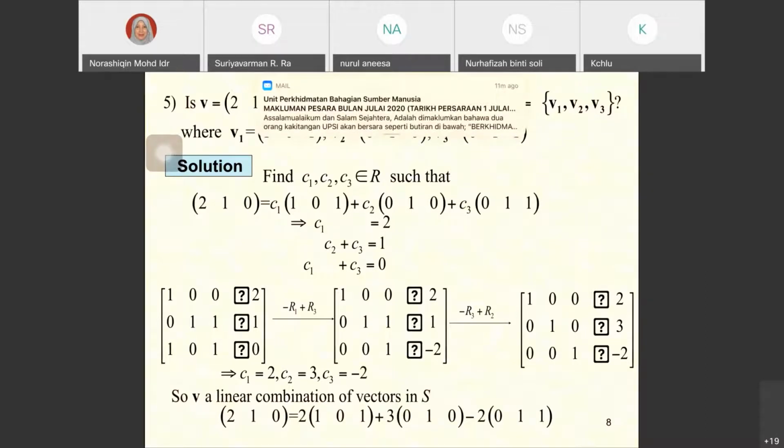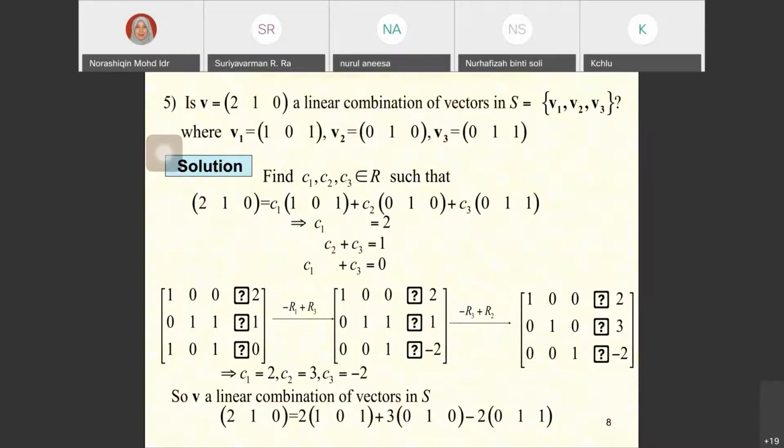Doctor, for the yang sekejap, yang C2. Wait, I'm confused, Doctor. What? Confused? Which one? Okay, wait. The C1 is equal to 2. Okay. And then I mean, like, how do we get this thing?